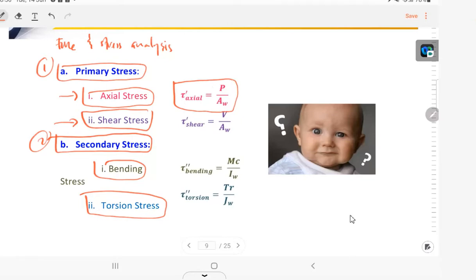So for the axial stress, we have force, and for shear, we have shear force divided by area. And for bending, we need to calculate the moment, and for torsion, we need to calculate the torque.